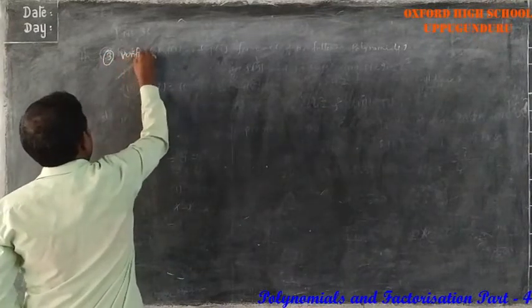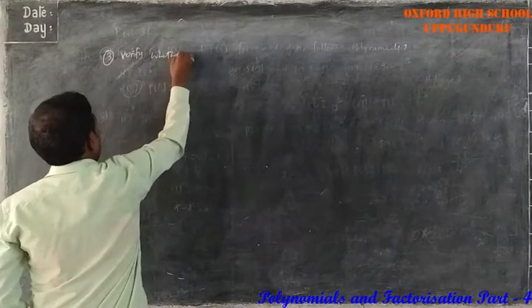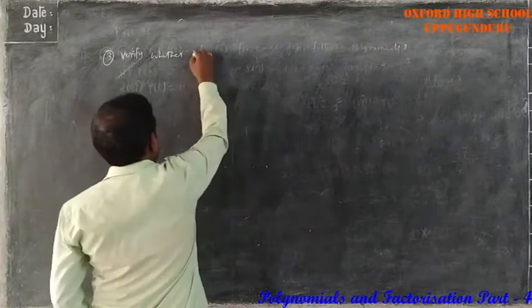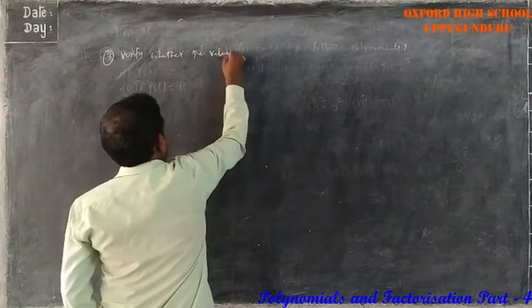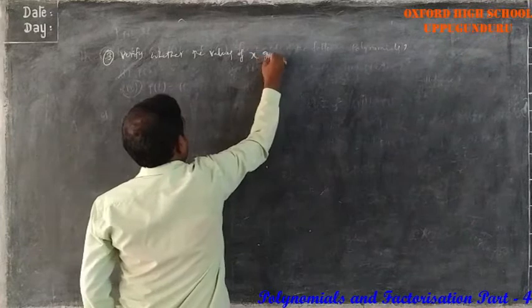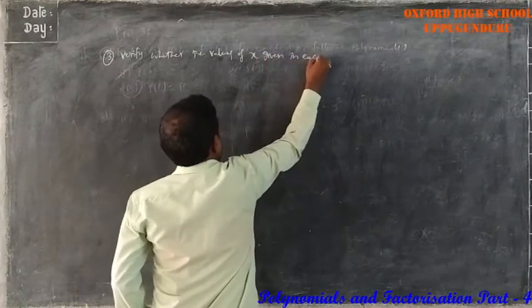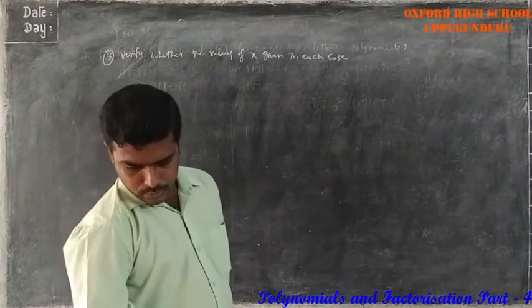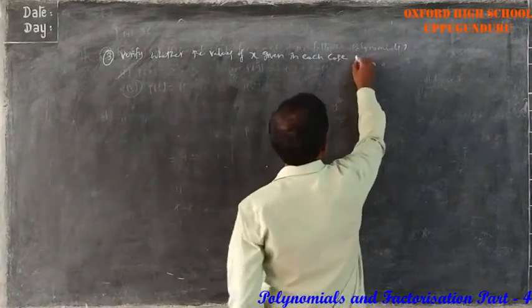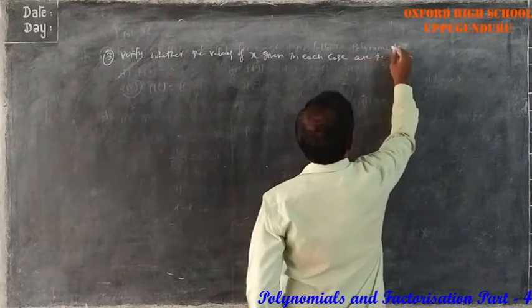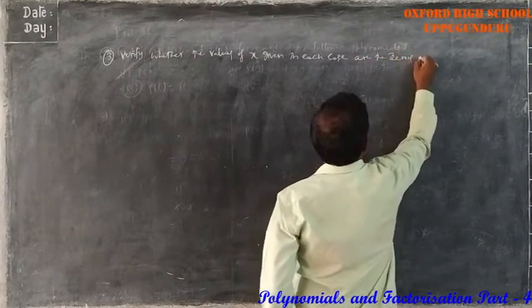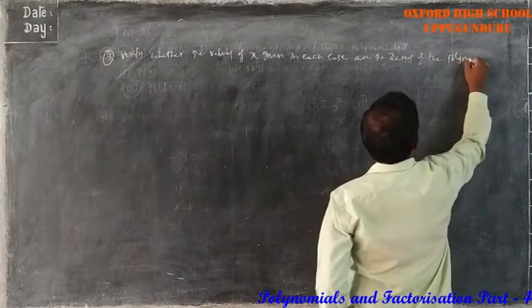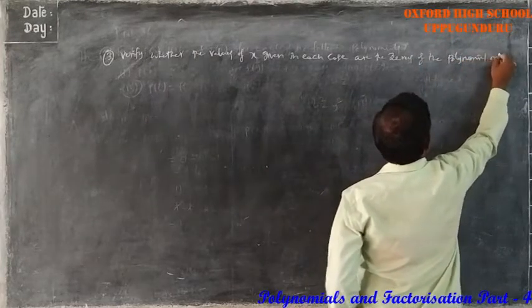Verify whether the values of x given in each case are the zeros of the polynomial or not.